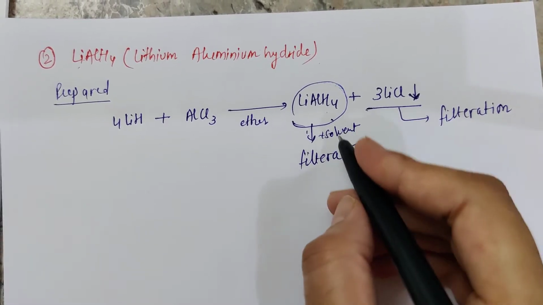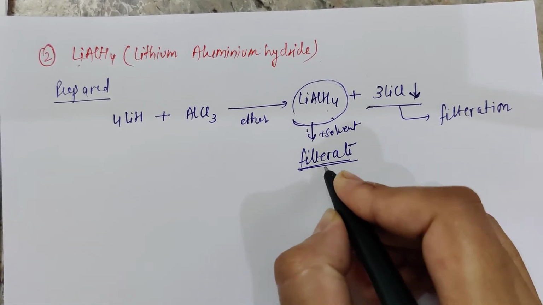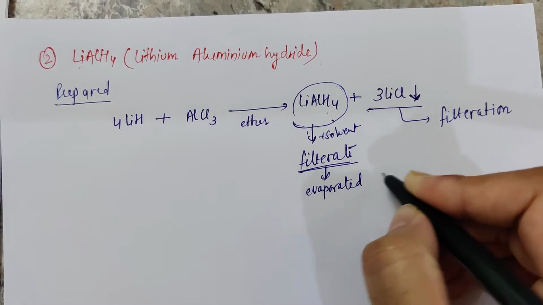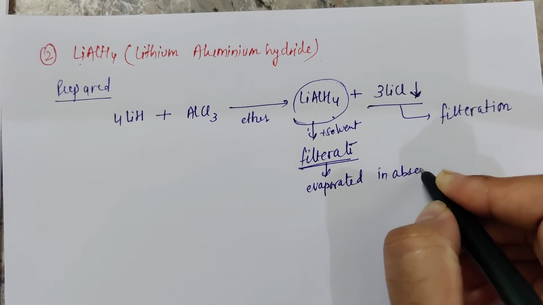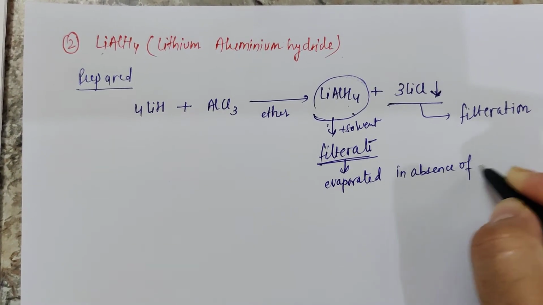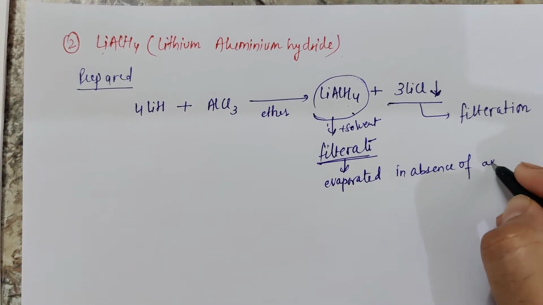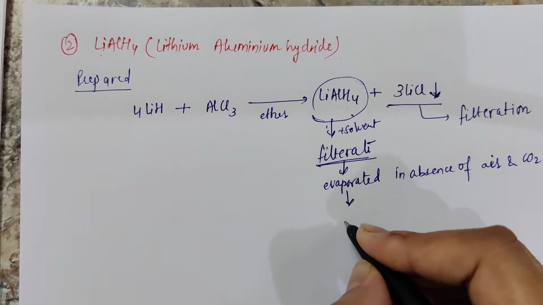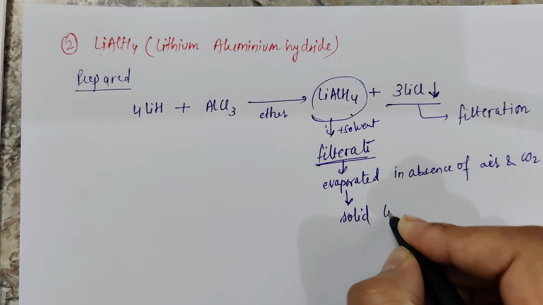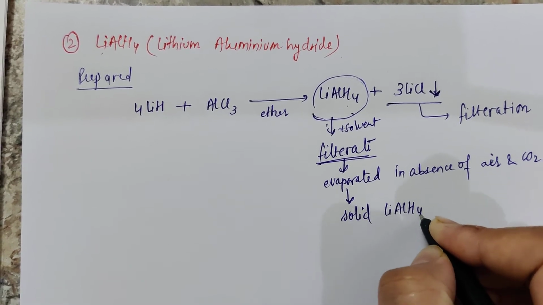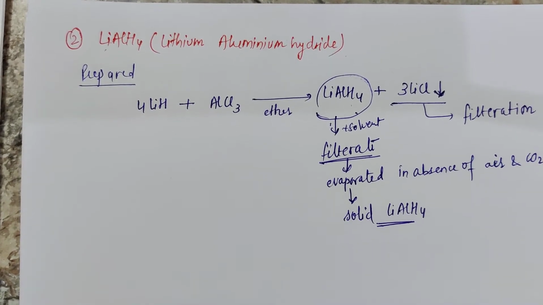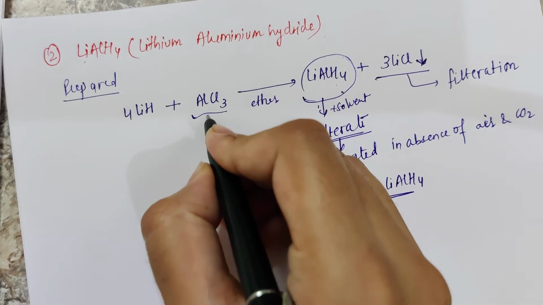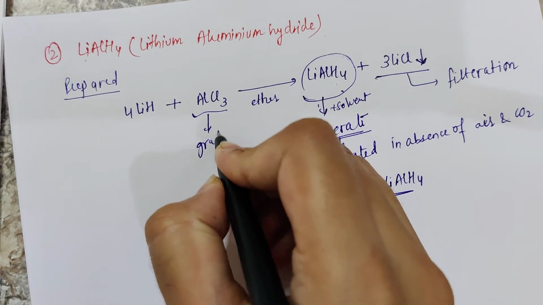So solvent is evaporated. This filtrate is evaporated in absence of air and CO2 to obtain solid lithium aluminium hydride reagent. Aluminium chloride was added gradually.